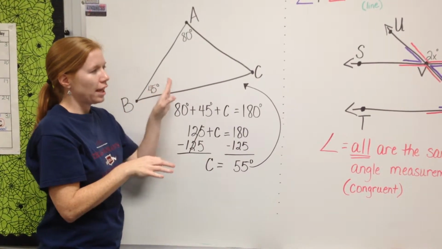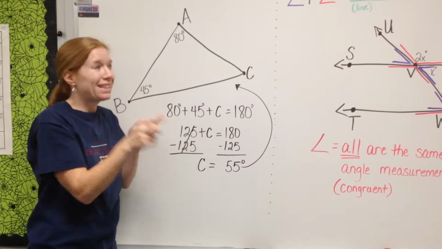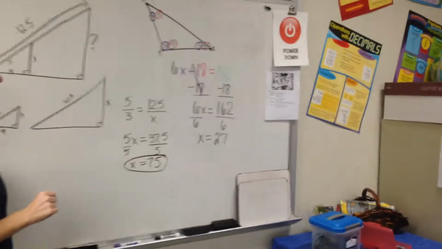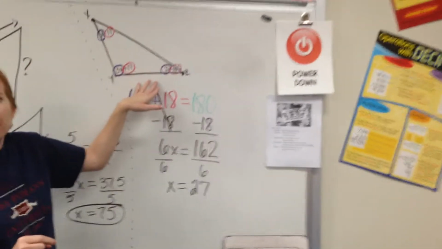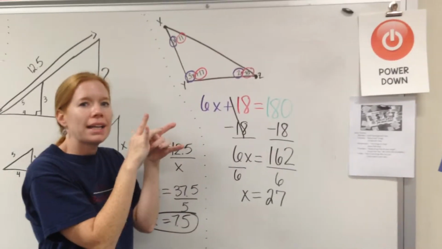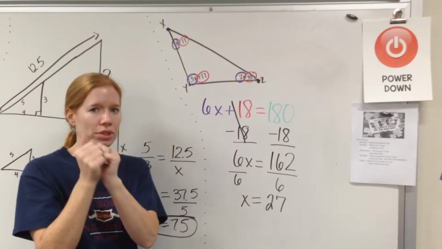Very simple. Now, we're going to take this one step further, a little bit more difficult, but it's the same concept and you'll be able to see how it works. So we're going to move all the way over here. This one here. For this example, you need to combine the x's together and you need to combine the numbers together.